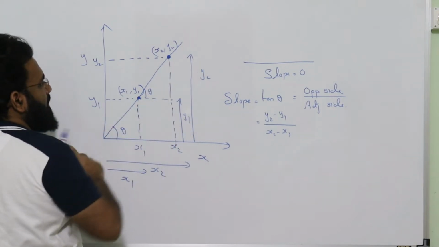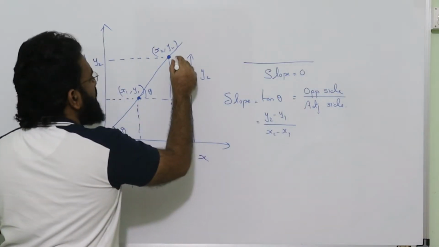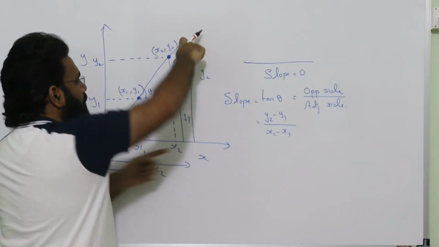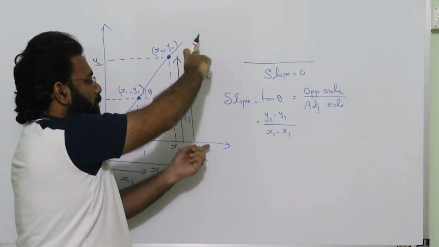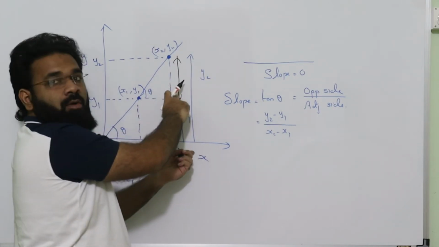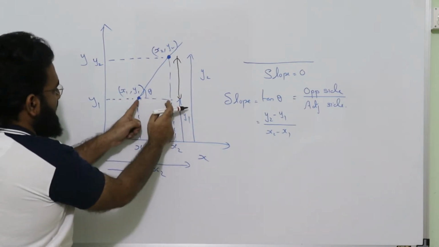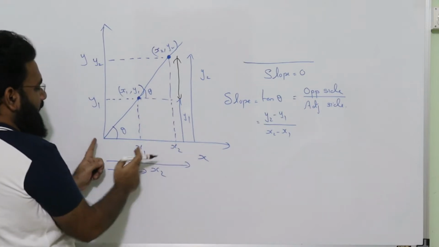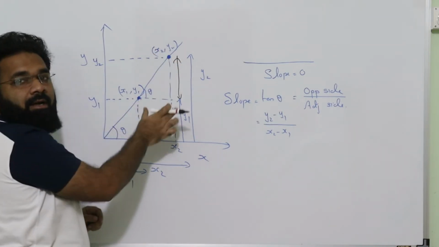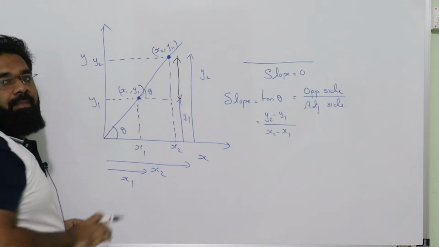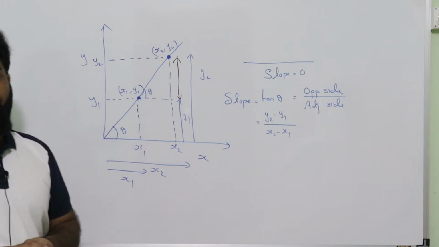So how much is the opposite side length? y2 minus y1. And how much is the adjacent length? x2 minus x1. So this is what slope is.